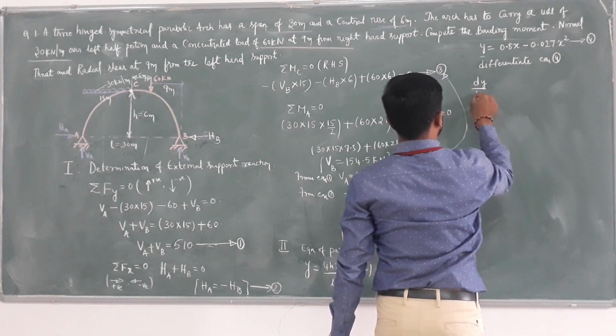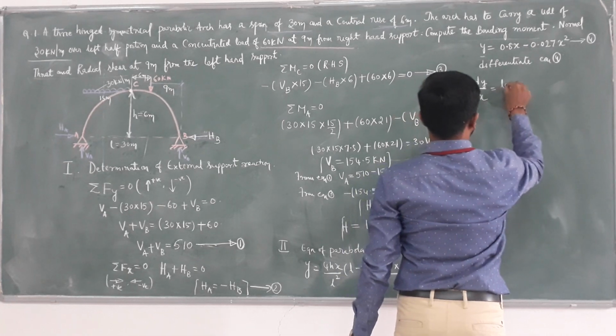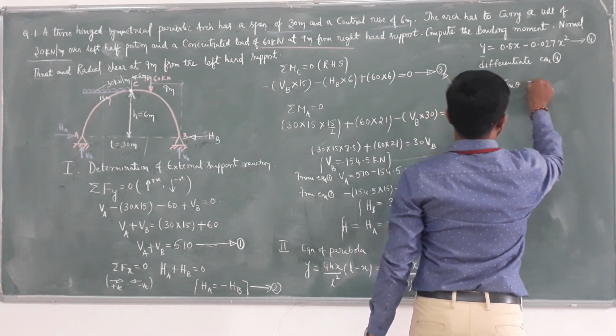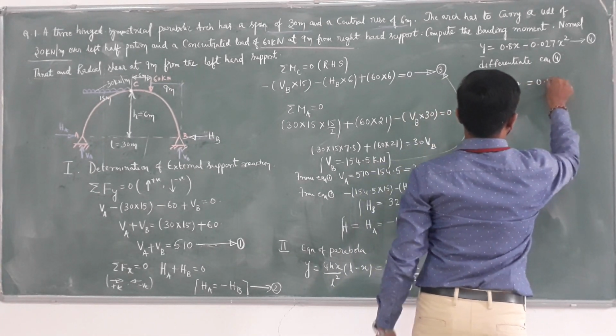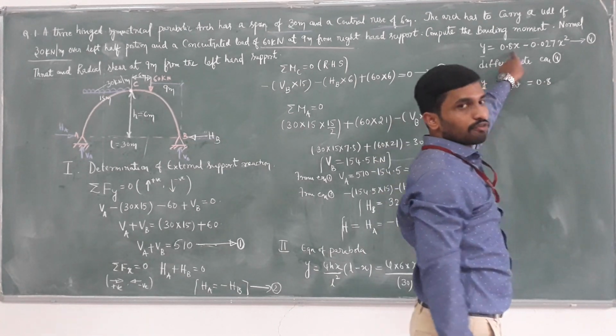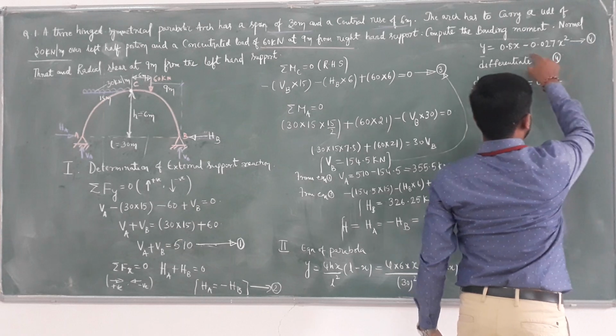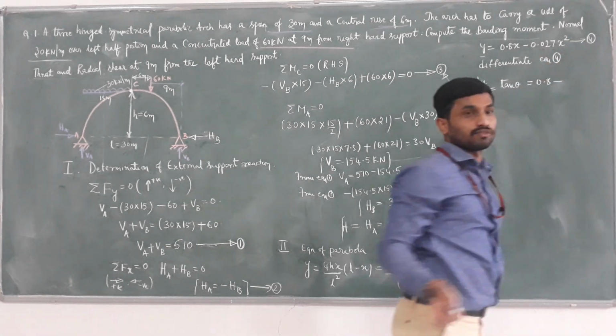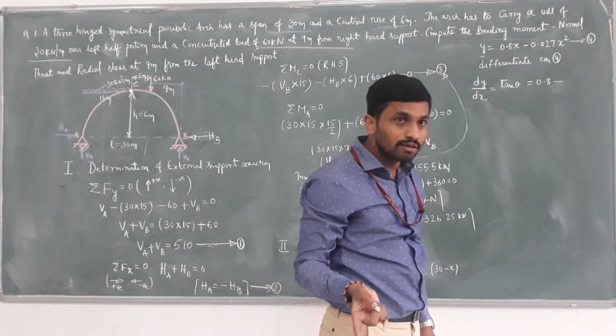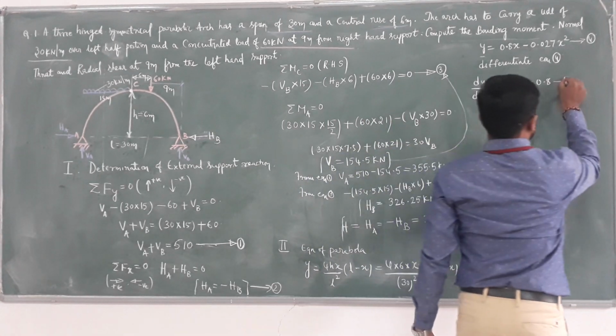Differentiate equation 4, we are getting the slope equation. dy by dx, which is equal to tan theta, is 0.8 (differentiation of x is 1) minus 0.027 into 2x, so we are getting 0.054x.